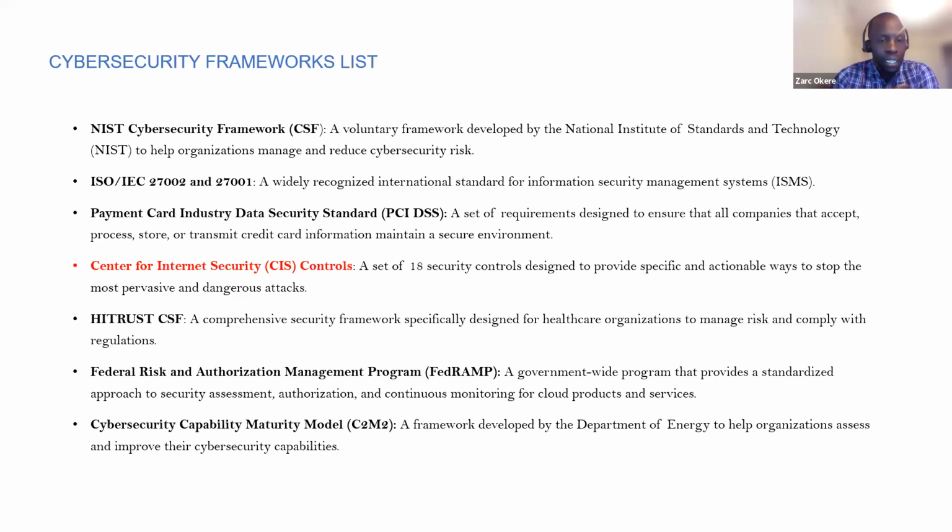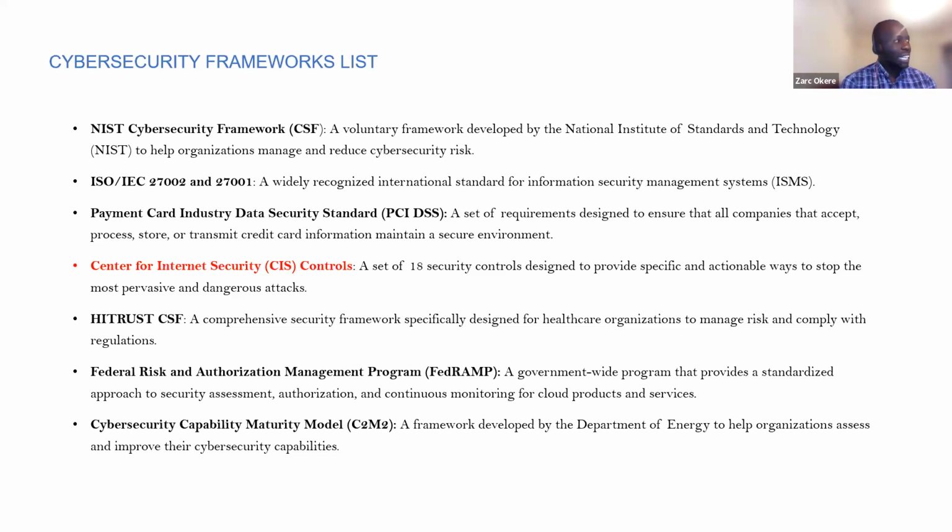So we have the ISO, which is a widely recognized international standard for information security management systems. We have the PCI DSS, dealing with cards, to ensure that all companies that accept, process, store, or transmit credit card information maintain a secure environment.